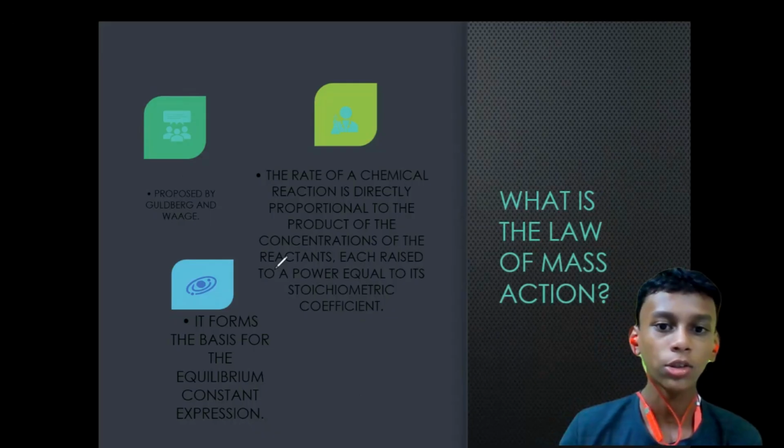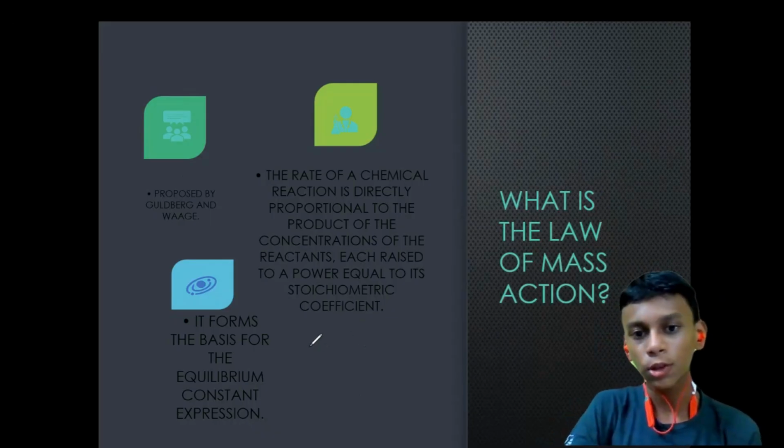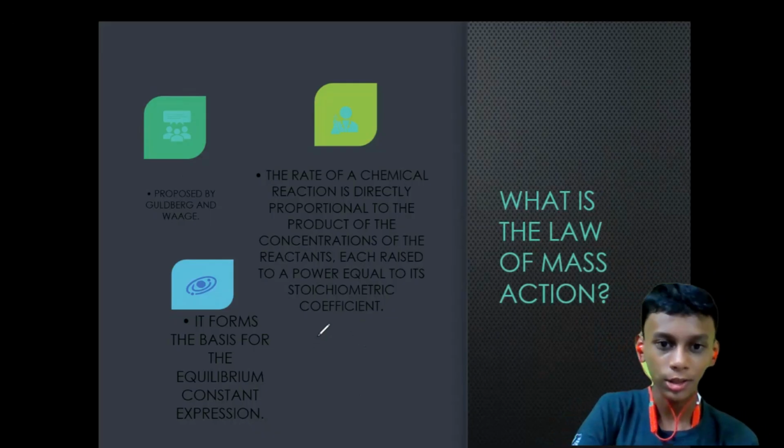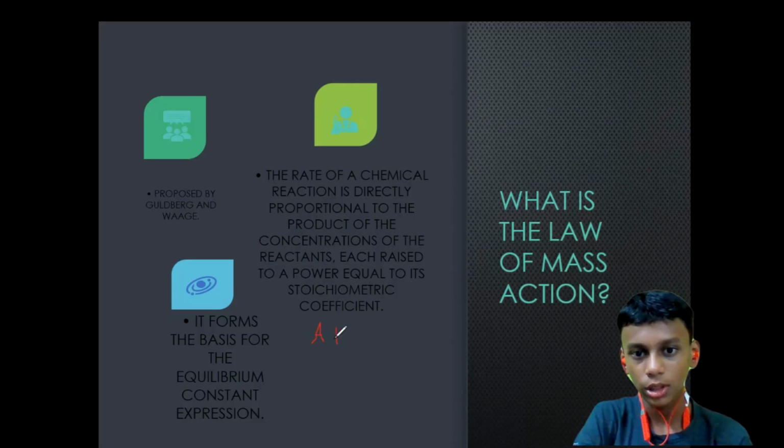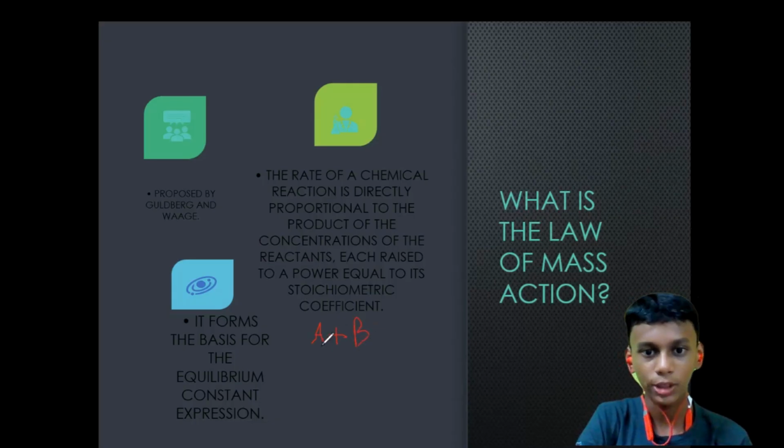Now I'll write and show you. If we have two reactants and two products, so A plus B. Now I'll write the coefficients. I'll write 2 and here 3.